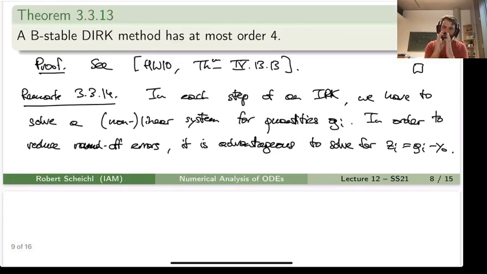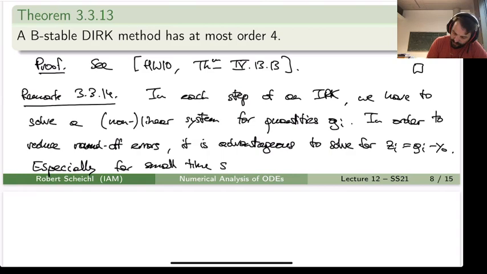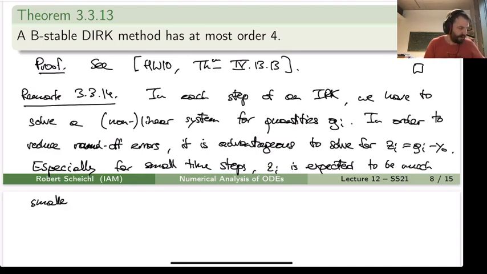Then we always work with smaller numbers and we don't subtract two large numbers to get round-off. Especially for small time steps, z_i is expected to be much smaller than g_i.